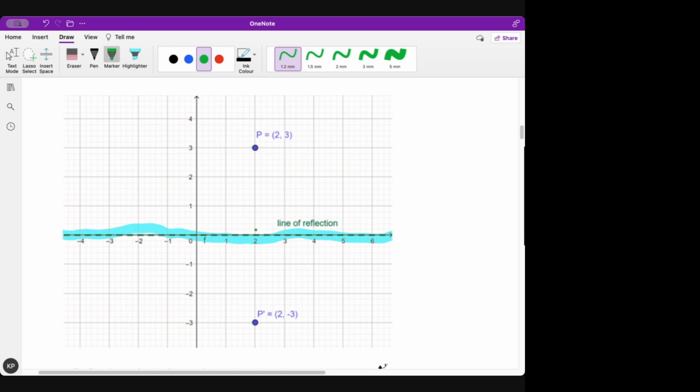What I mean is, let's look at the point P. It will be 1, 2, 3 units away from my line of reflection, or mirror, which means P prime will also be 1, 2, 3, just in the opposite direction. Does that make sense, guys?